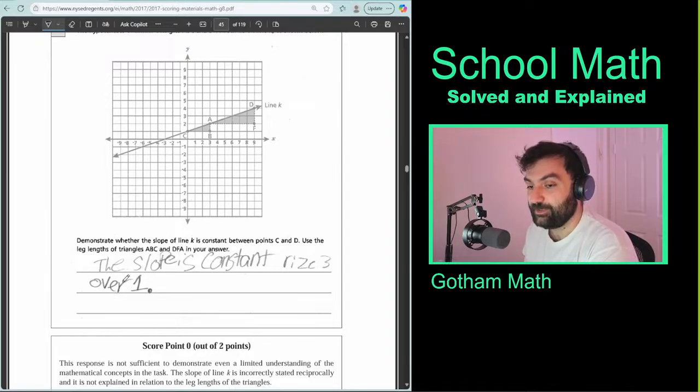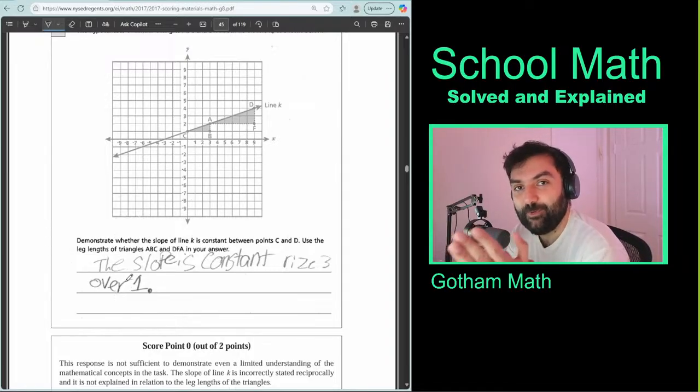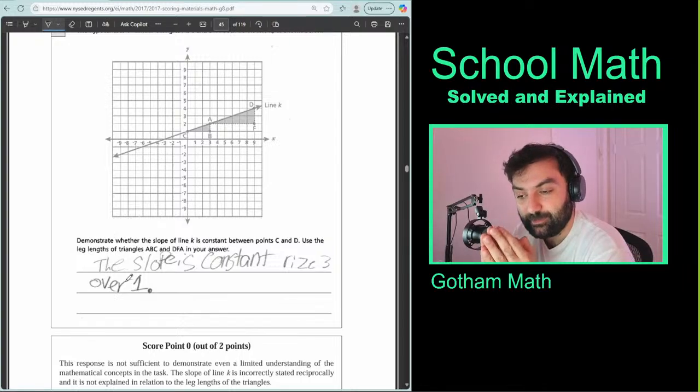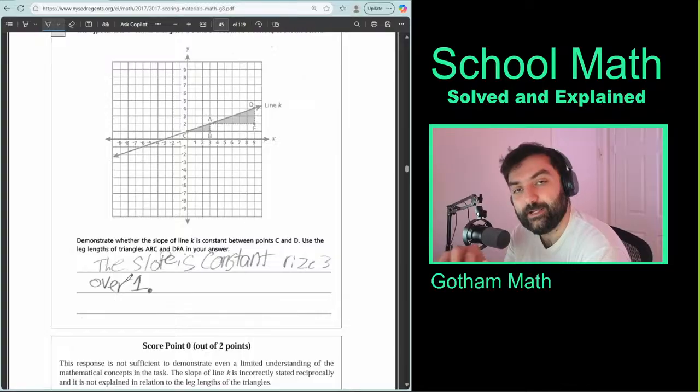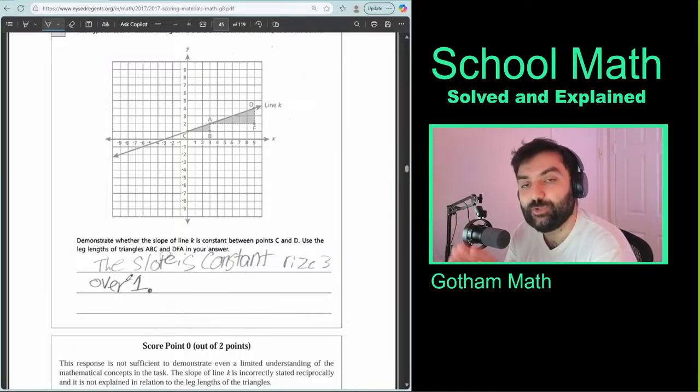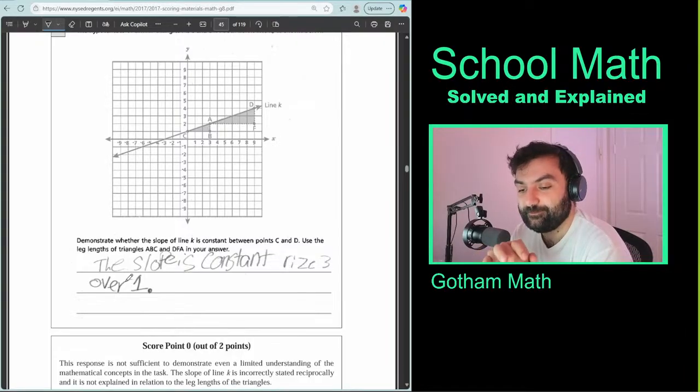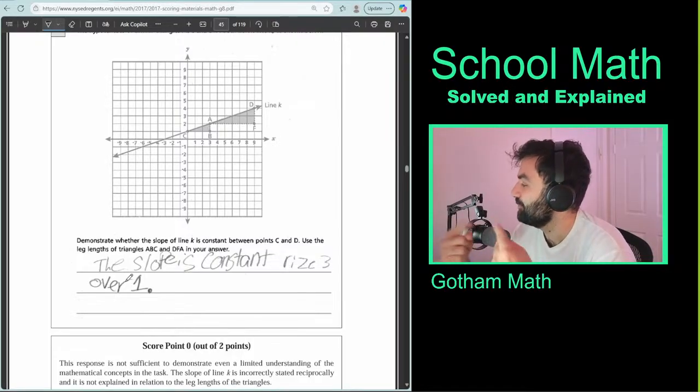My point is, if this had been written in nice cursive handwriting, that would get you 1 point out of 2, because this is relatively close to being right. Let me retract that.